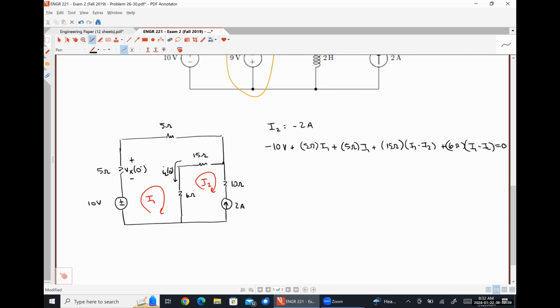My coefficient for I2 is negative 15 minus 6, so that's negative 21, and my constant term is 10 volts. So solving, I get I1 is negative 32 over 31 amps, and I2 should be negative 2 amps.